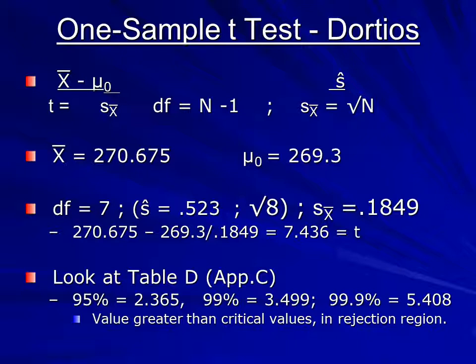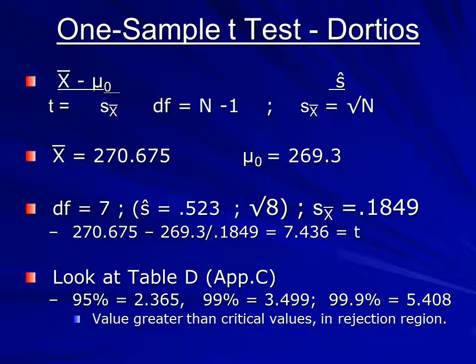And then at the 0.001 level, you've got a critical t-value of 5.408. So what does that mean? If you're going to draw it, you have that 2.365, and then more toward the extreme, in either direction, right or left toward the tail, you have 3.499 for the 0.01 level, and then for the 0.001 level, a critical value of 5.408.